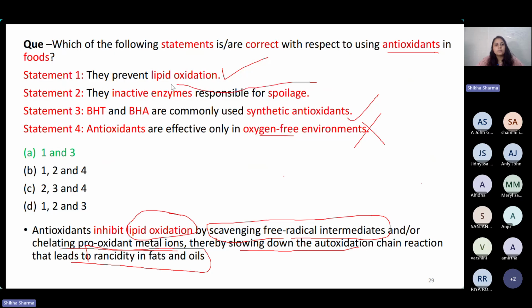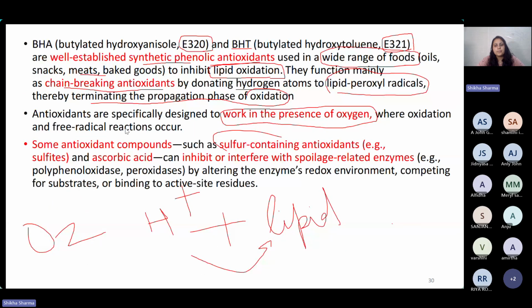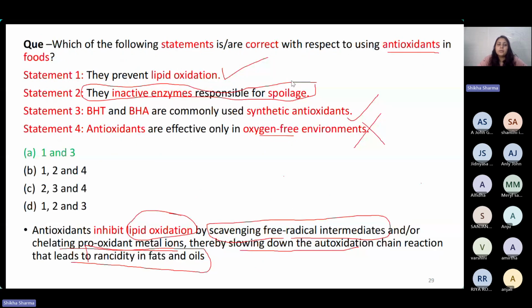Statement 2 is actually partially correct and partially incorrect. Why am I saying so? Because if we take BHA, BHT, or sorbates, these antioxidant compounds or chemical preservatives work as antioxidants, but they do not inhibit the enzymes.